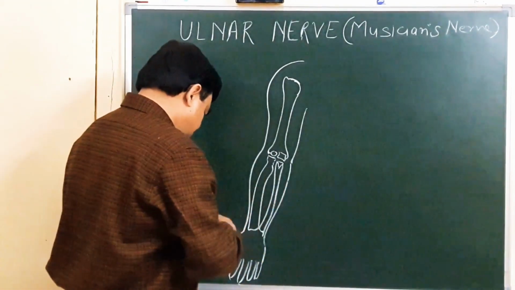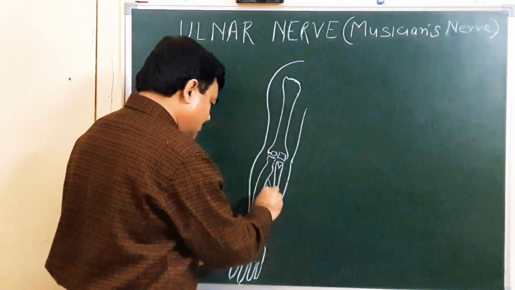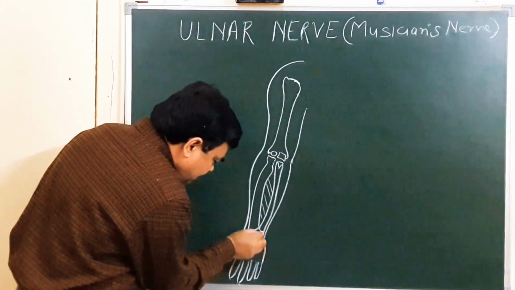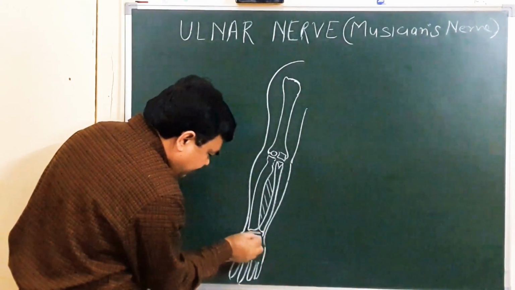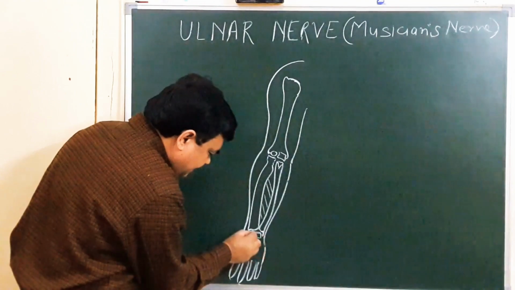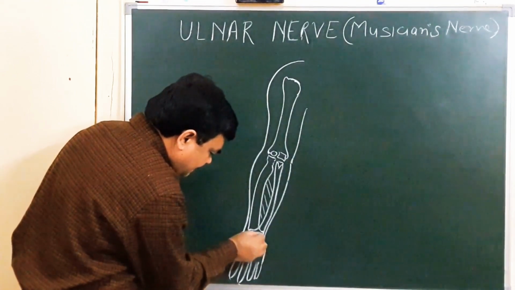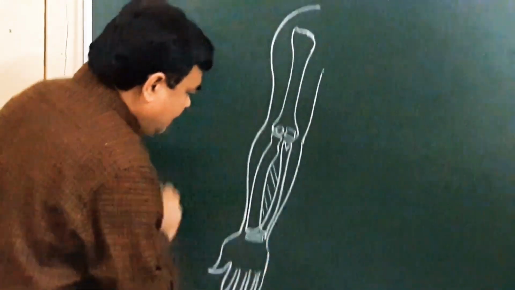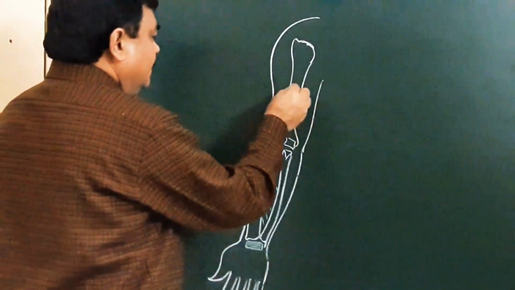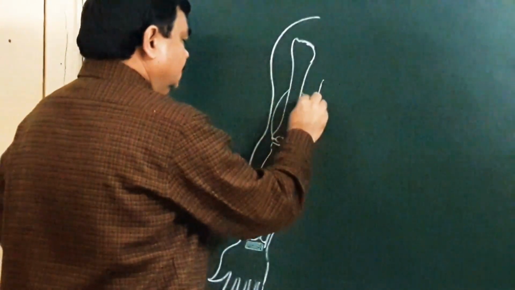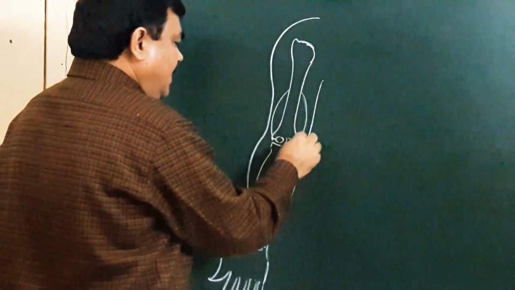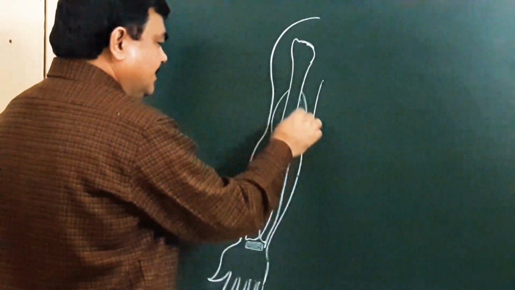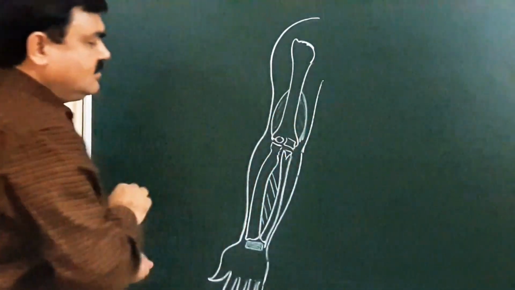Here is the interosseous membrane. Here is the flexor retinaculum. This is the medial intermuscular septum. This is the lateral intermuscular septum.